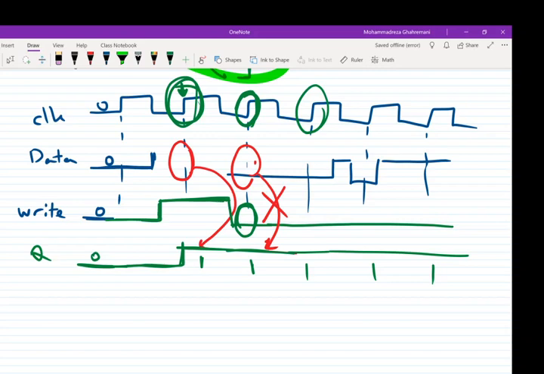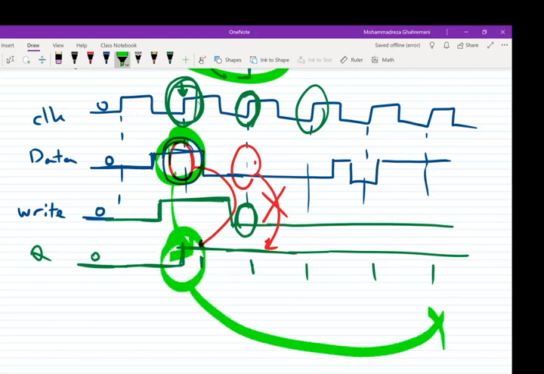Okay, so we can say that we stored this data in the flip-flop. Until when? Until the next activation of the write signal.